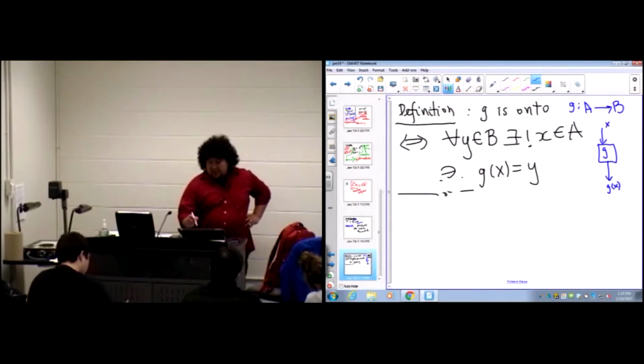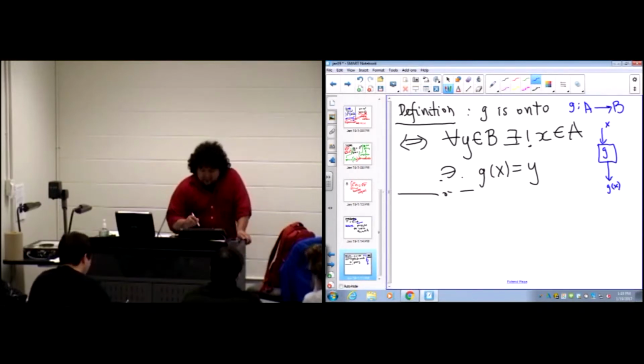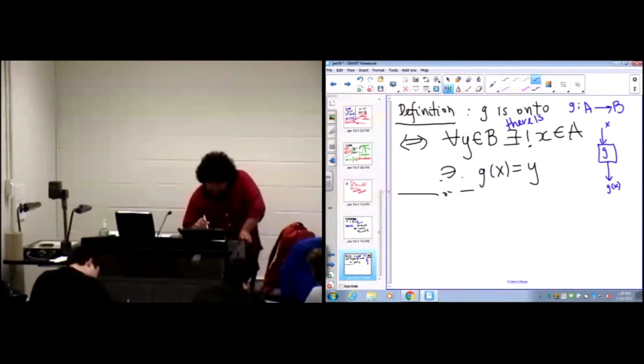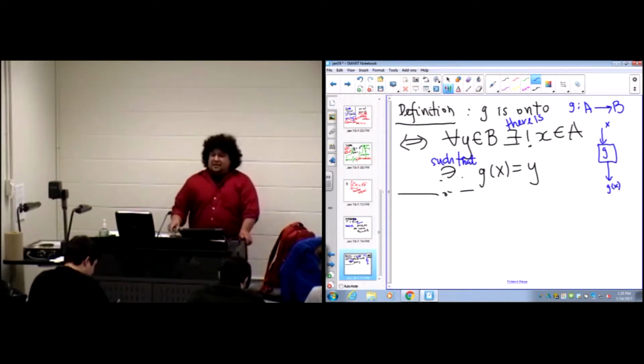So this says for every member of the codomain, there is, that flipped E means there is. And then that exclamation mark means unique. There is a unique x in the domain such that, and this is also backwards, so I'm throwing a lot of symbols there, this here means such that.